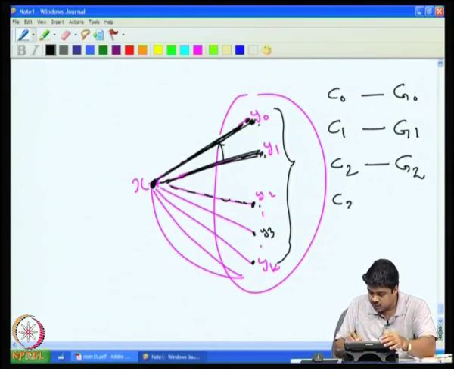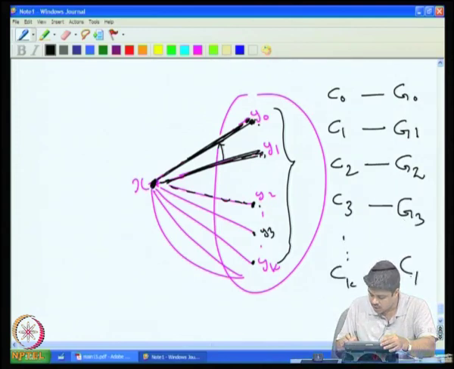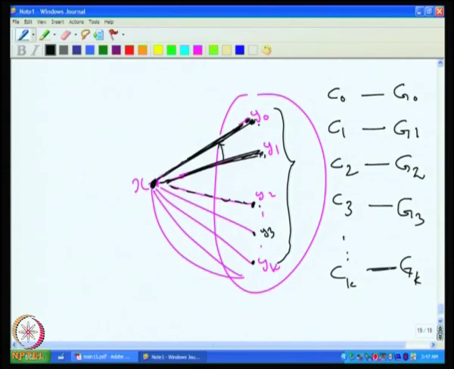Like that, for each of these I can create a new graph Gk and a new coloring. These graphs and colorings can be seen as related to the original graph and coloring like this.